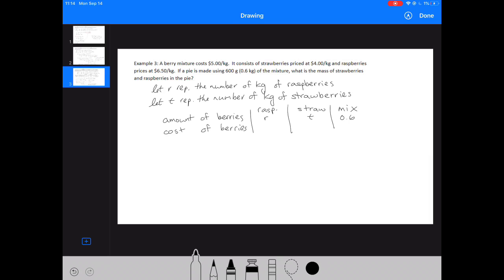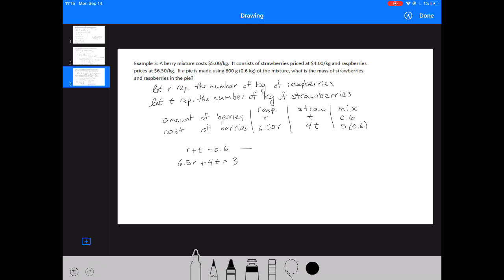Now the cost of the berries, for the raspberries, it is $6.50 times R, and for the strawberries, it's 4 times T. Now the mixture is 5 times the amount of the mixture. So now we can set up our two equations. So we've got R plus T equals 0.6, and then we've got 6.5R, I'm going to drop the 0 for now in the equation, plus 4T equals 3.